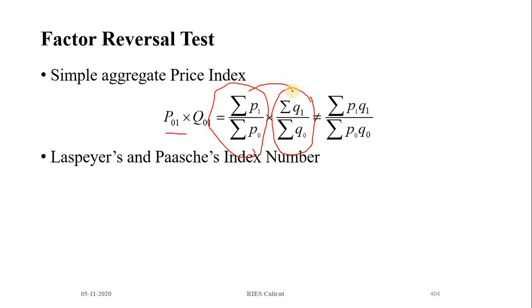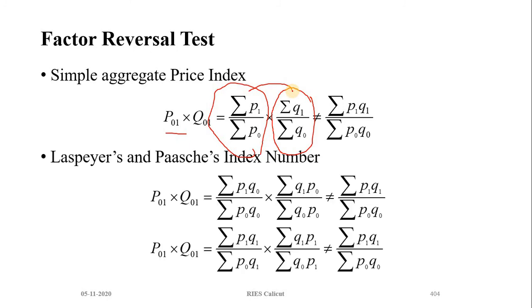Now you check the Laspeyres and Paasche index numbers. In the Laspeyres index number, the equation is sigma P1 Q0 divided by sigma P0 Q0. Then what is Q? Sigma Q1 P0 divided by sigma Q0 P0.